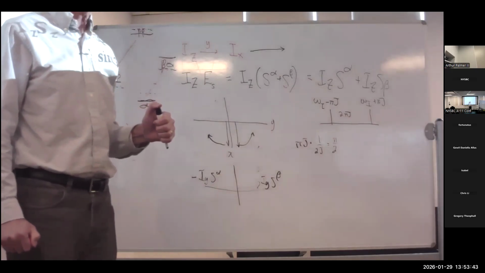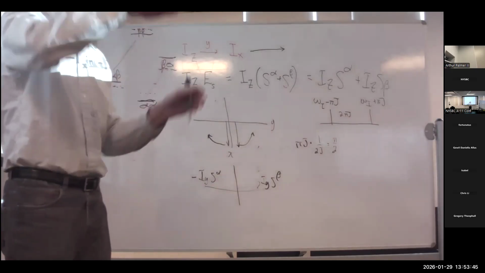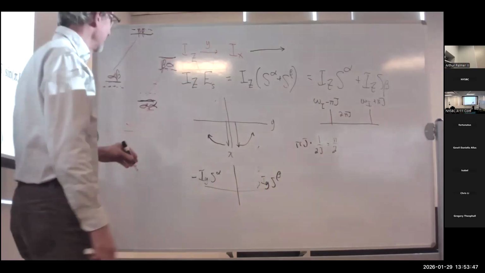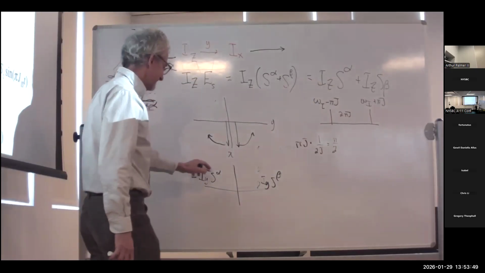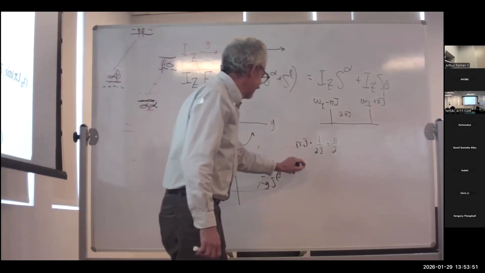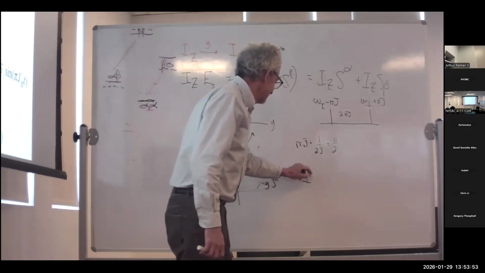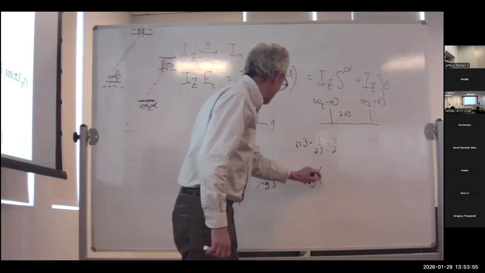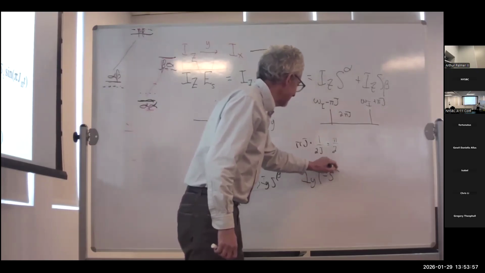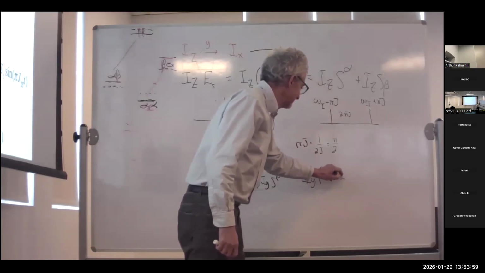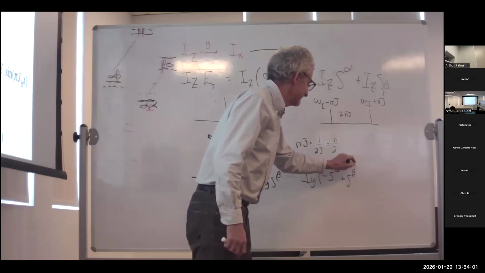Everybody happy with that? One rotated by plus 90, the other one rotated by minus 90. But this says that my new state is Iy minus S alpha plus S beta.